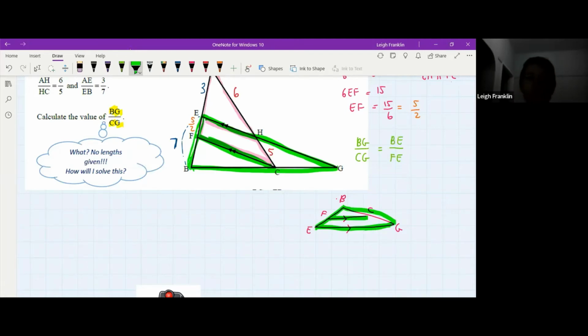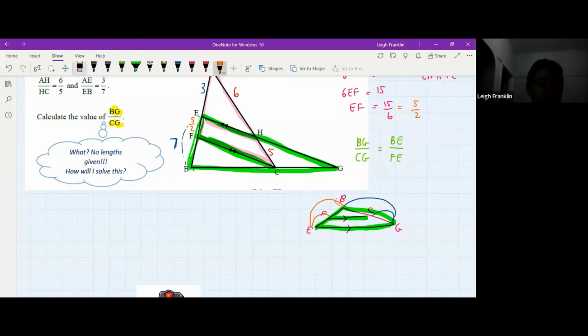Now they've asked us for BG over CG. BG is the whole side, over CG, the bottom portion. So that's why it has to be equal to BE over FE on the other side. Does that make sense now?